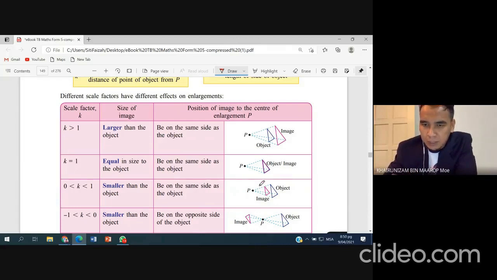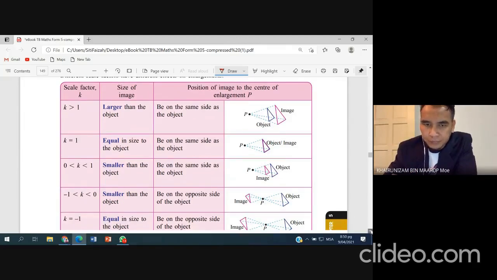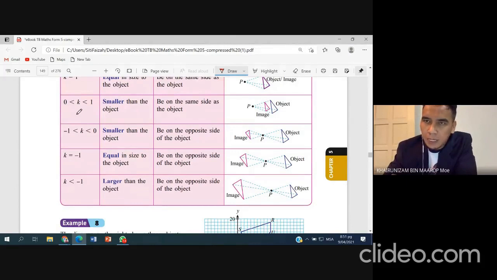And then if K is less than 1 but more than 0, like 0.1 or 1/2, 1/3, less than 1, so the object is bigger than the image, or the image is smaller than the object.